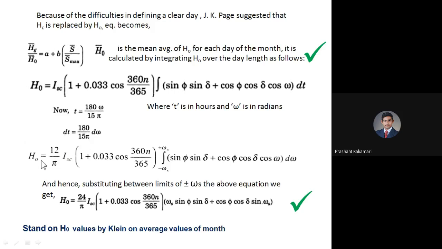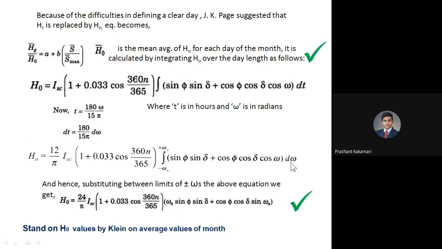If you substitute this in the above equation, 180 by 15 is 12, correct? 15 into 12 is 180. So that is 12 by pi, solar constant, into this bracket, into the integration of... see, here is what changes they have made. If they had gone for dt, I would have taken t equal to some other values.